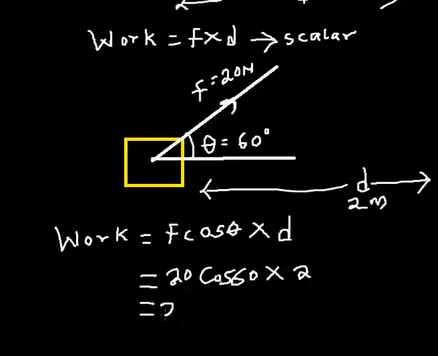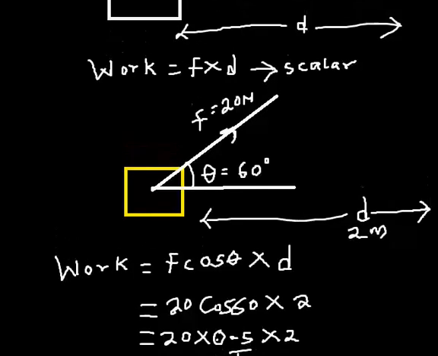So it's going to be equal to 20 times cos 60, which is 0.5, then multiplied by 2. So 0.5 times 20 is 10, and 10 times 2 is 20 joule. So the work here is 20 joule.